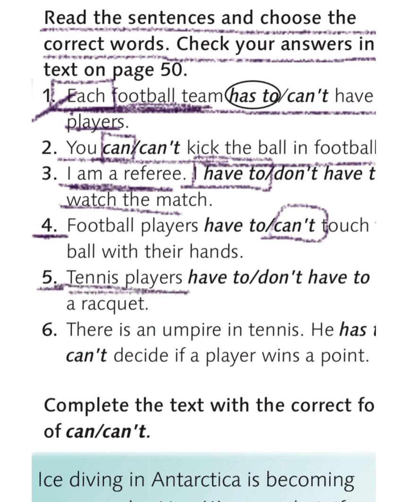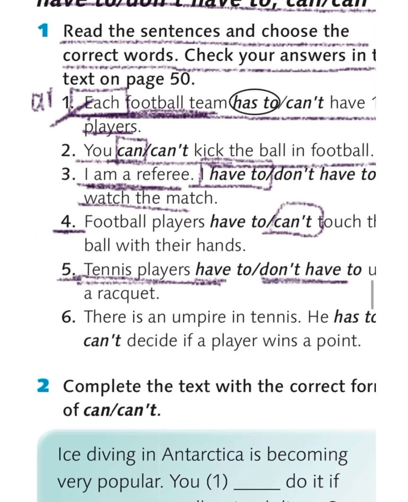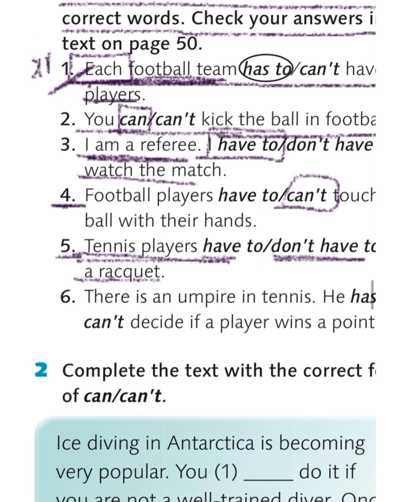Tennis players, now we are talking about the tennis game. Tennis players have to, meaning must, or don't have to, meaning not required, as they like, use a racket. They are tennis players, they play tennis. Do they have to, or don't they have to use a racket?